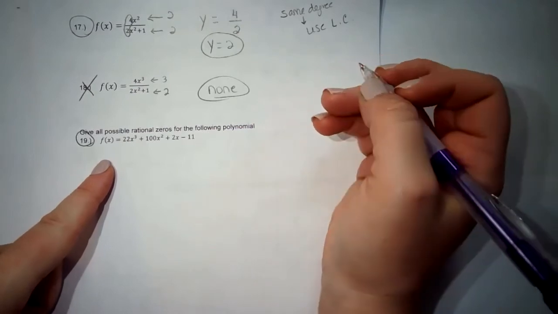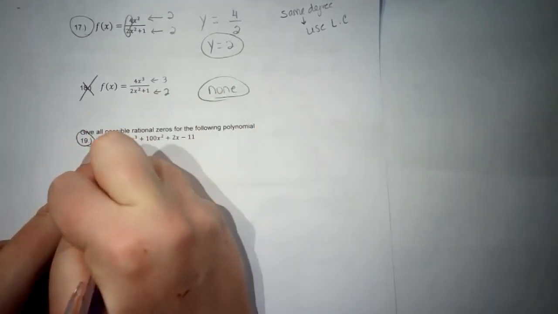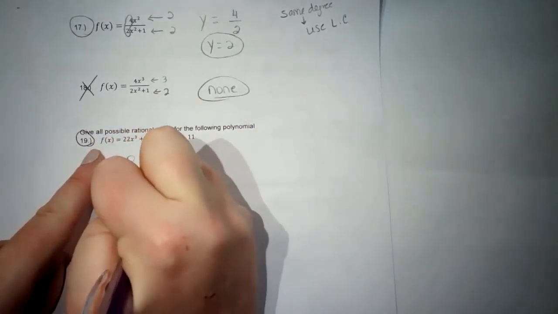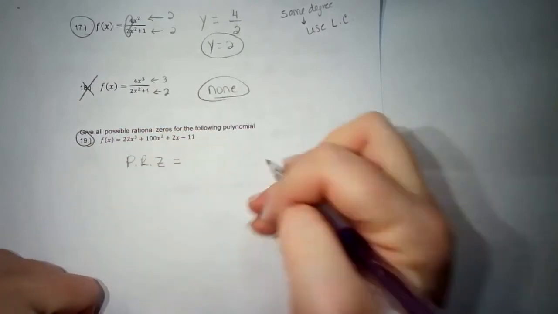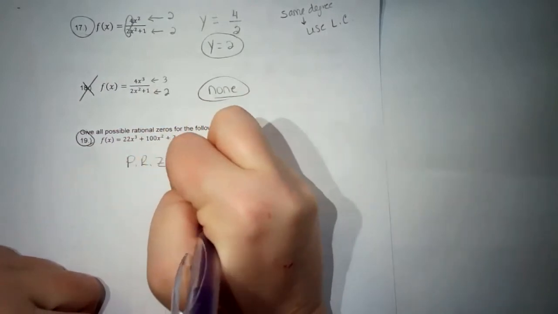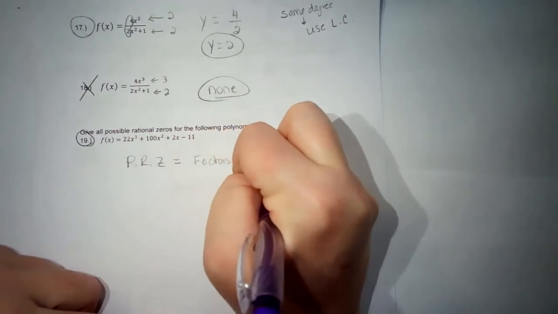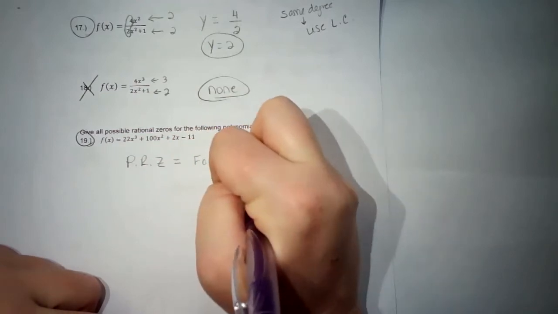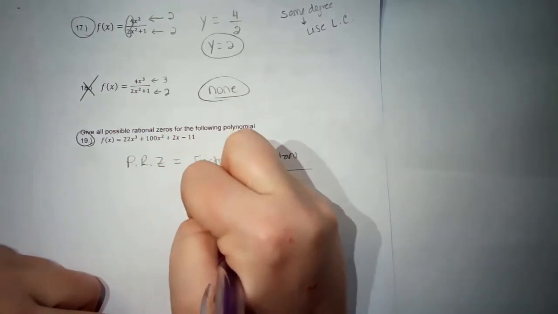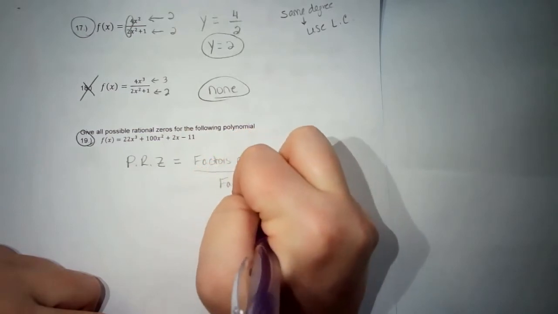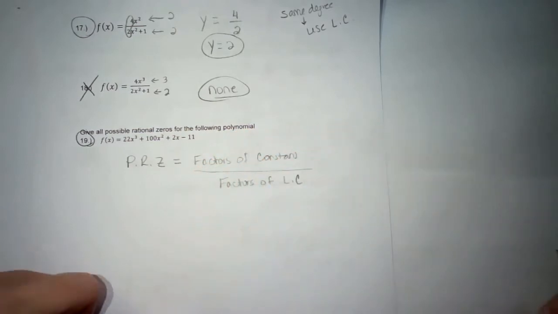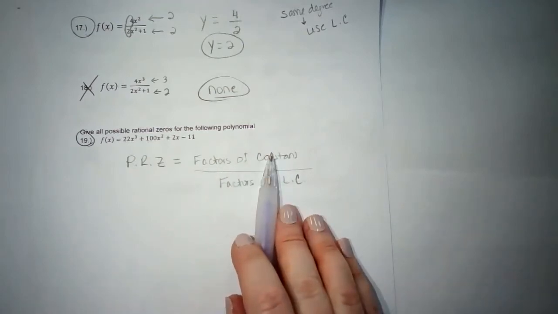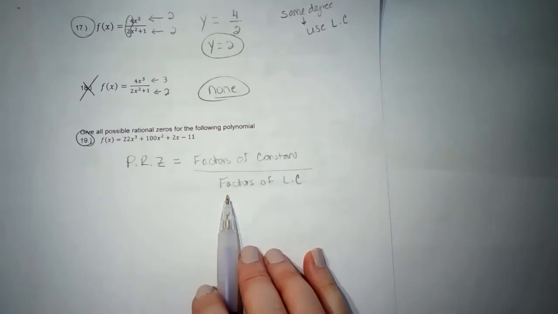So the possible rational zeros are going to be all the factors of your constant divided by the factors of your leading coefficient. That's what that means. So factors of your constant divided by factors of your leading coefficient.